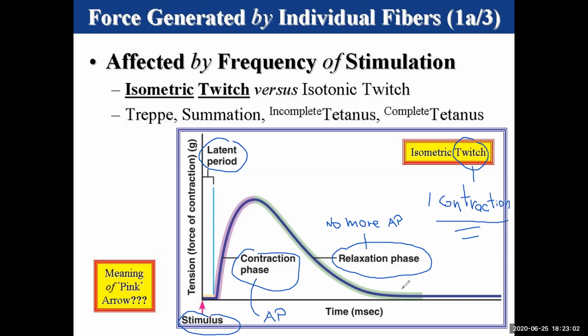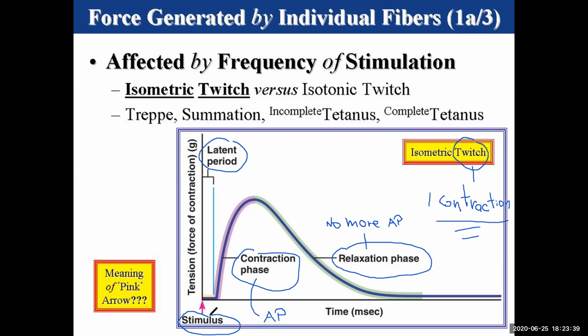And as soon as there's no more action potential propagating through the T-tubule, the sarcoplasmic reticulum sequesters calcium, meaning calcium will go back inside the sarcoplasmic reticulum. Without calcium, there's no cross-bridge formation. No cross-bridge formation means the skeletal muscle fiber relaxes.